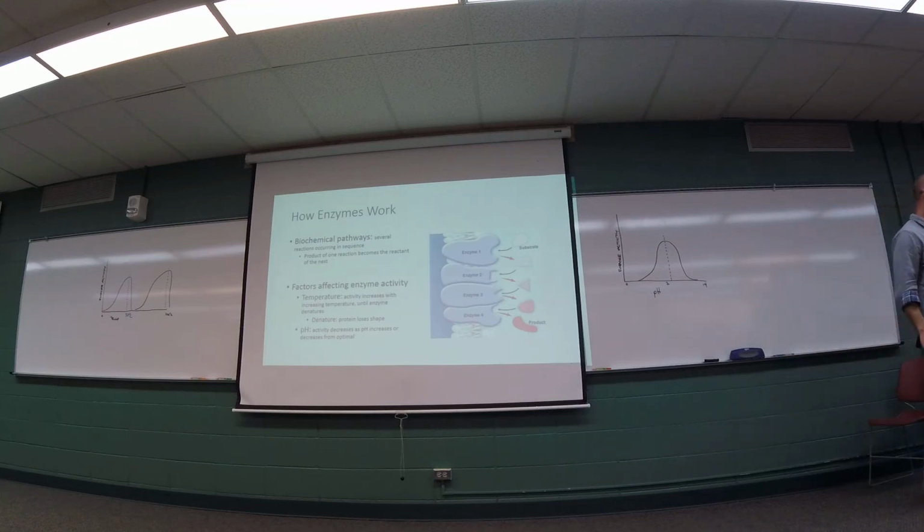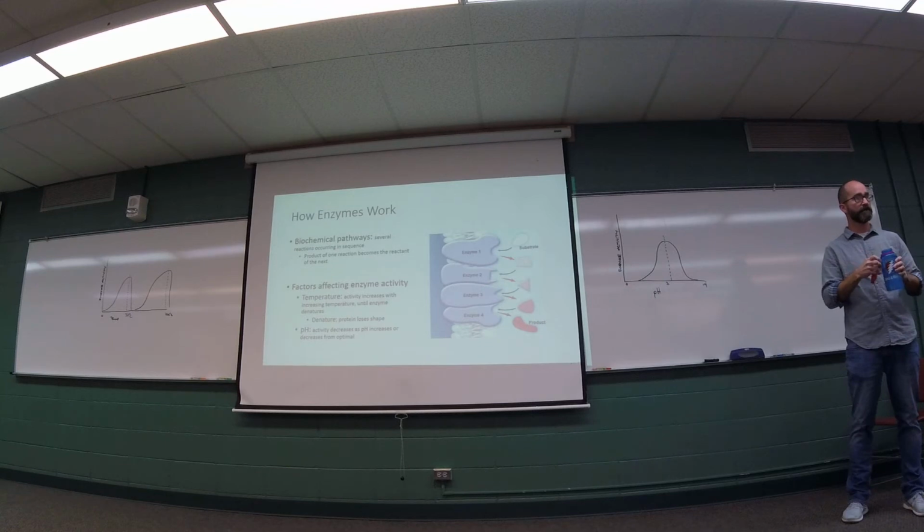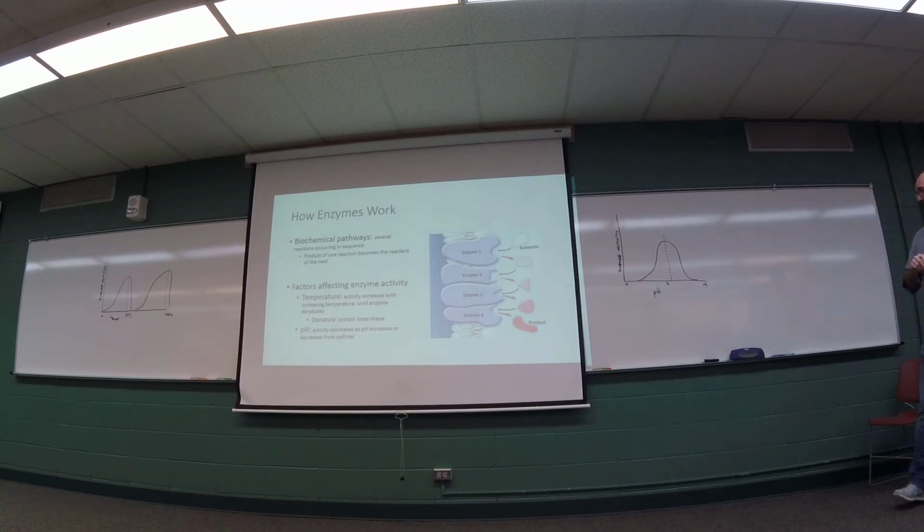We know that the activity is decreasing as the pH increases past 7. But what happens to it as it decreases past 7? What does that graph suggest? Because it's the same, right?